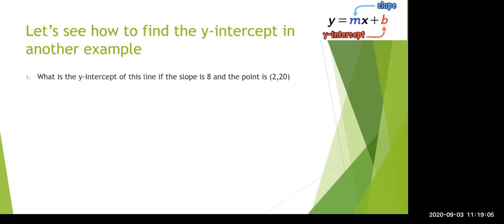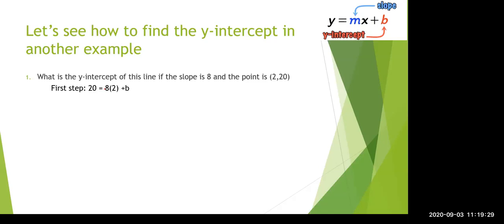So now let's do another example for y-intercept. The first step is to plug in all the information that we know. And what information do we know? We know the slope, which is m. We know the x-coordinate, which is 2. And we know the y-coordinate, which is 20. So let's just plug that in. In this example, you have everything plugged in.